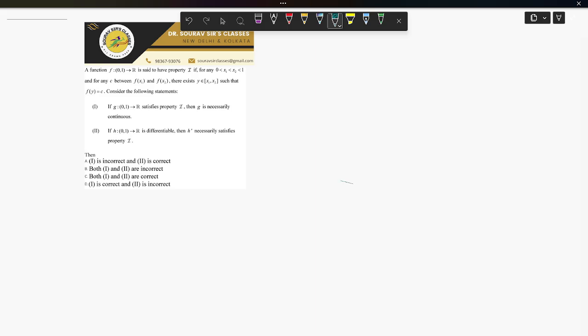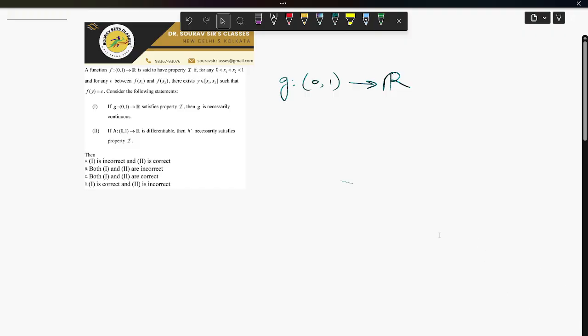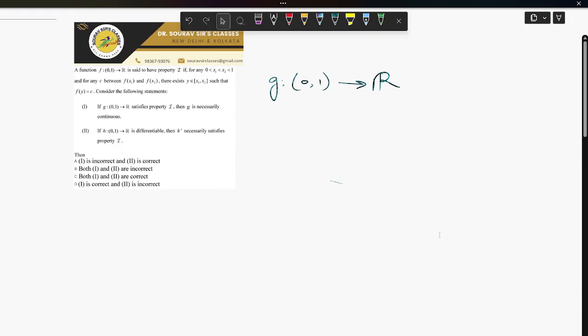So we are tasked with analyzing two statements about functions and their properties. Let's carefully evaluate each statement. Okay, so statement 1 is telling us that if g from (0,1) goes to R satisfies the property I, then g is necessarily continuous.